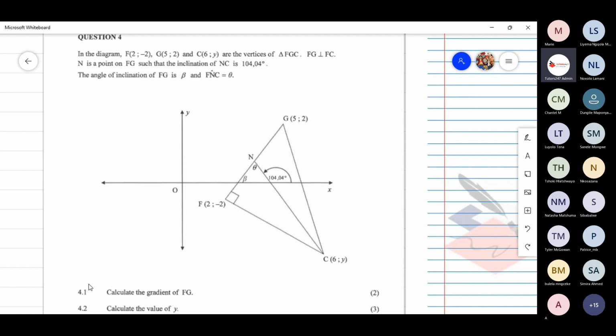If you were to calculate the gradient of FG, that is something that we've already done. But if you take note of FG, let me highlight it for you. We have the coordinates of F, we have the coordinates of G. So it's exactly the same as what we've been doing the whole time. There's no difference.